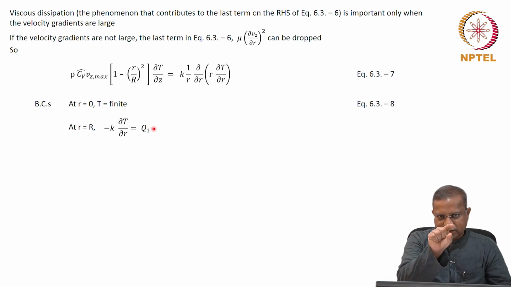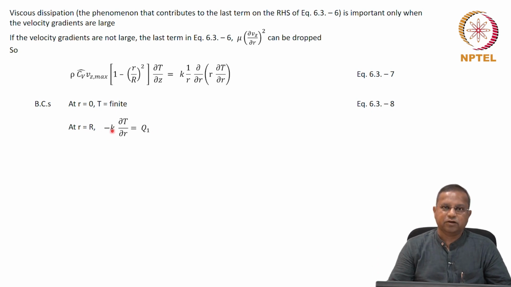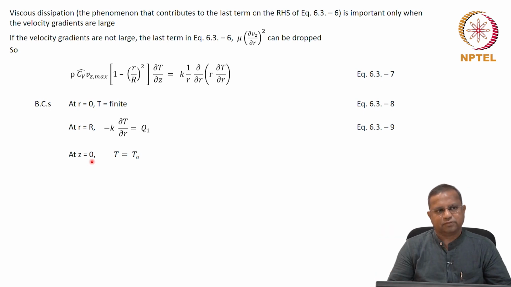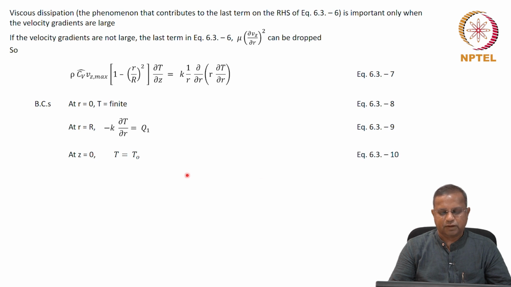This K is that of the layer that is closest to the wall, the conductivity of that. Equation 6.3-9. And you need a condition for Z. This is second order in R, first order in Z, as you can see. At Z equals 0, at the starting point, T equals T0. The entire liquid is at some T0. Equation 6.3-10.